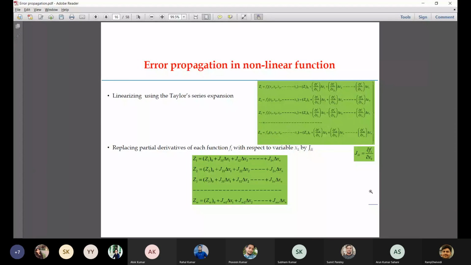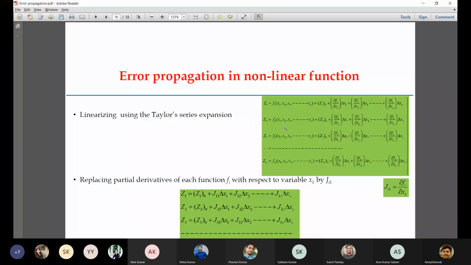You just work with a single function. That's why I started with the non-linear function. The linearization using Taylor series expansion would become Z as a function of x1, x2, x3. Again, same thing that we have written in the previous 2-3 slides. But I'm just zooming it a bit so that you would stick to more focused content.